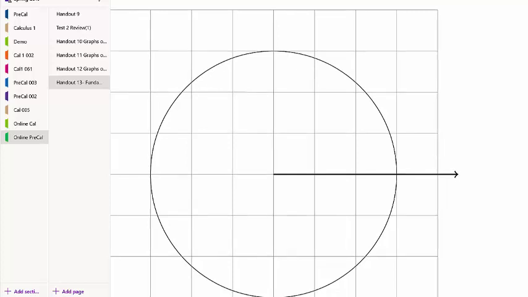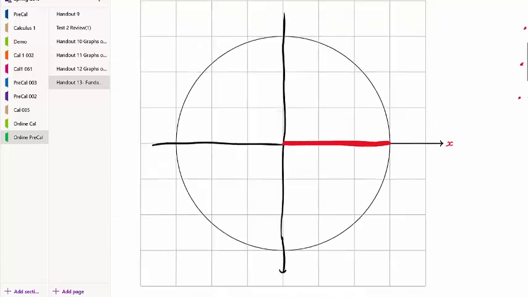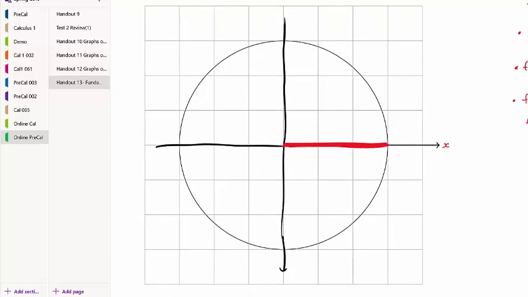Alright, so let's take a look here. This is our x-axis, and right here this is our y-axis. And note as drawn, this guy right here is where we measure our angles from. So let's go up an angle of theta.